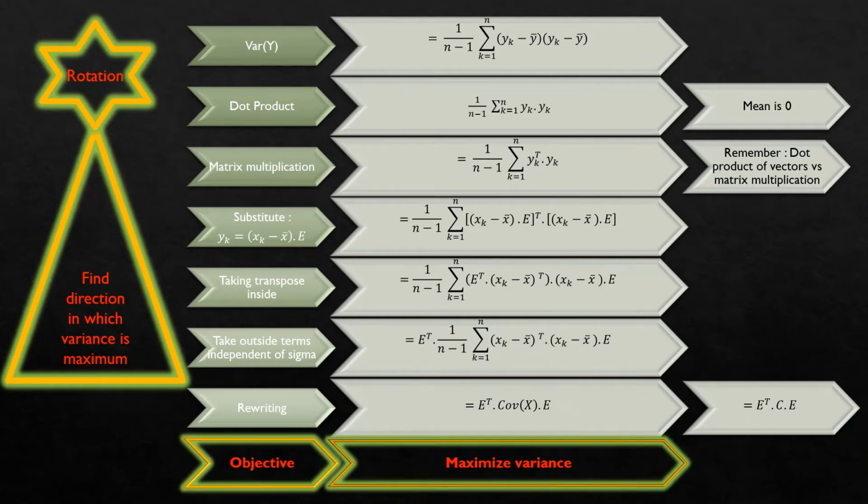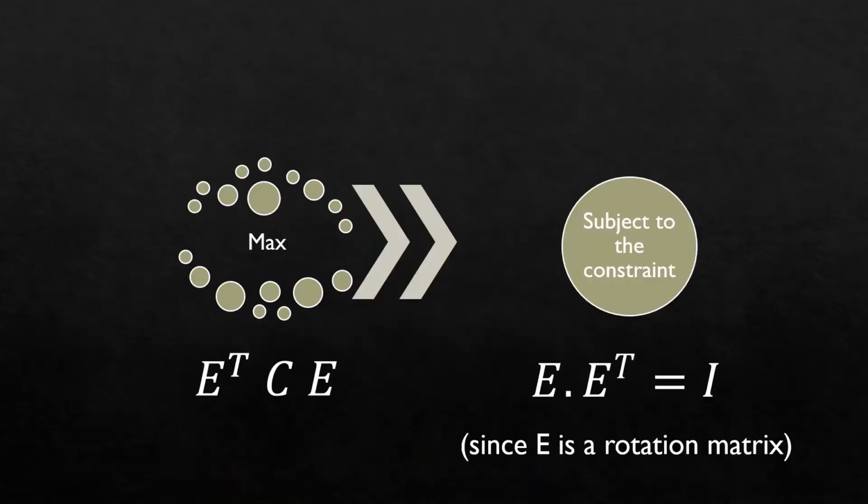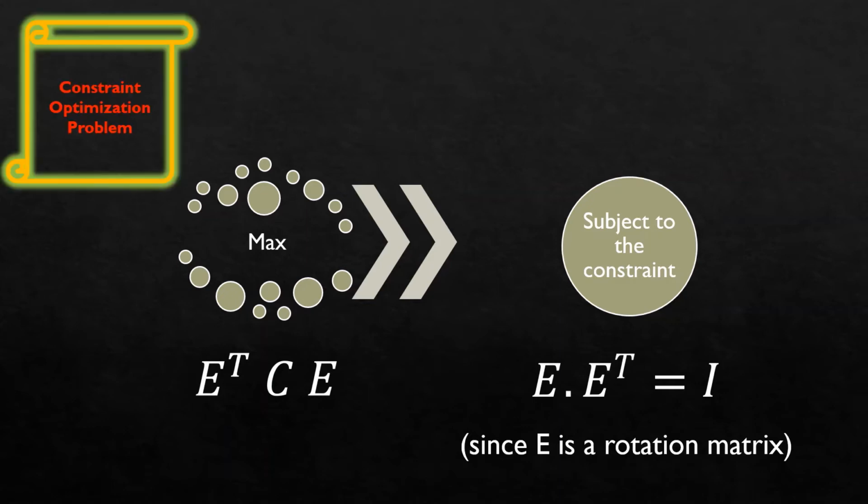The objective was to maximize variance, so we just concluded that we need to maximize E transpose into C into E. Since E is a rotation matrix, it should follow the constraint E into E transpose is equal to I. Now, the entire problem statement becomes: maximize E transpose into C into E subject to the constraint E into E transpose is equal to I. It has become a constrained optimization problem.